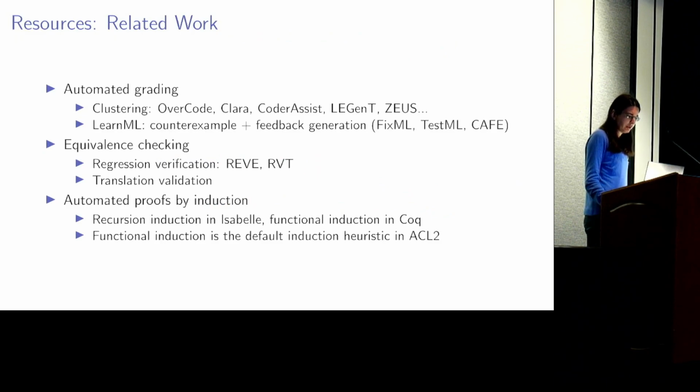On the topic of automated grading, we are mostly interested in correctness, but there are also other tools that give feedback and can repair incorrect programs, and a bunch of tools for clustering as well. On the equivalence checking front, I mentioned those tools for regression verification, but equivalence is also there in translation validation and loop optimizations. And then, of course, proofs by induction are not new, right? You have them in many other verifiers and your favorite proof assistants.